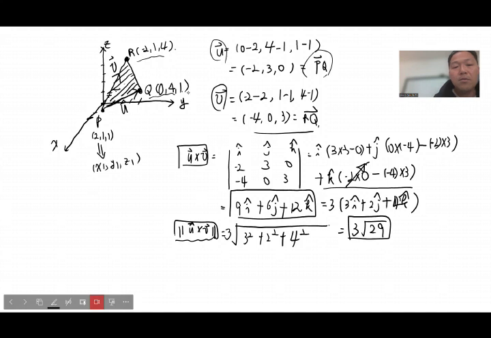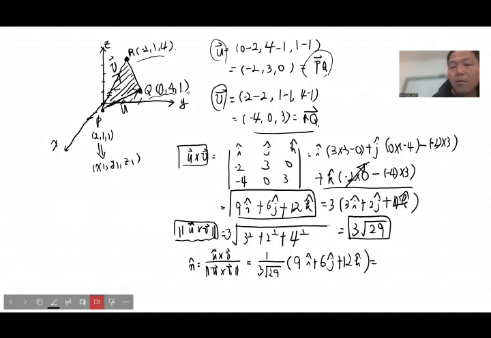Now the next step is to define the normal vector out of this. The unit normal vector is the cross product vector normalized by its magnitude. So that should be 1 over 3 root 29 times 9i, 6j, and 12k.